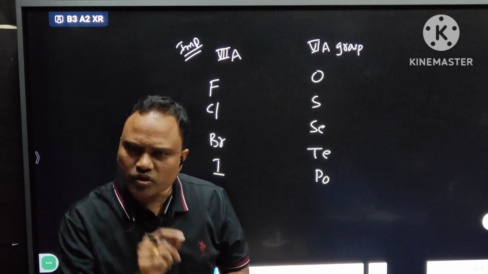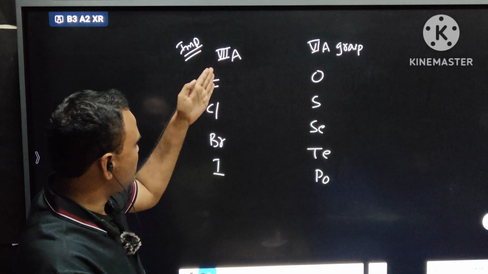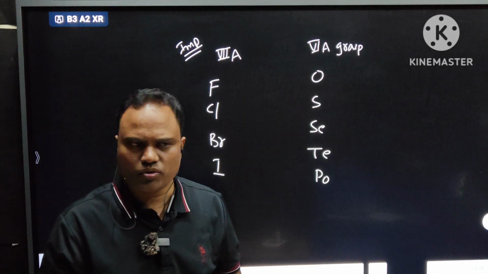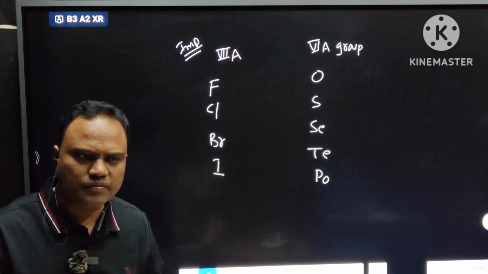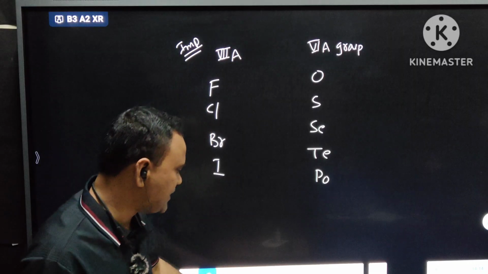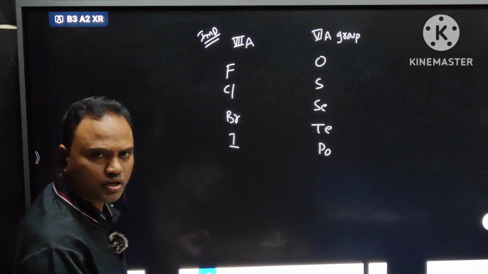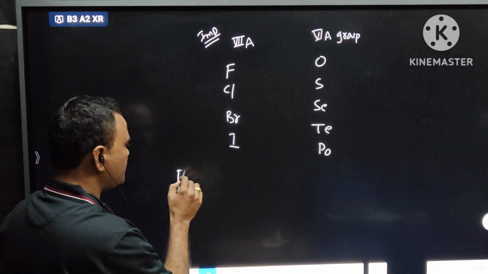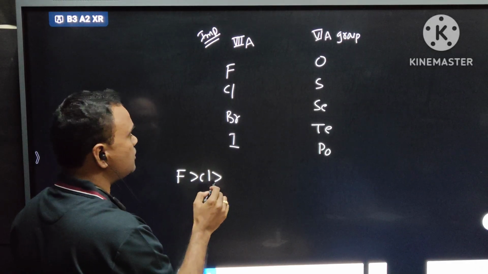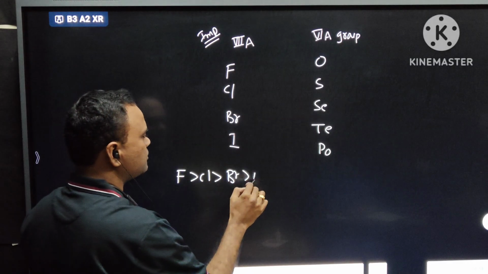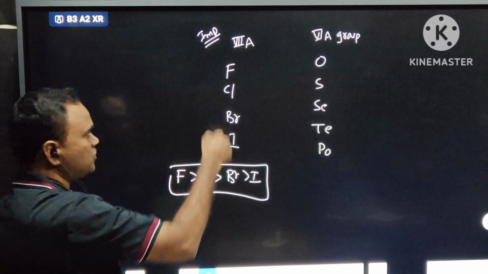Why? Fluorine size is small. As we move down the group, size increases. Fluorine size is small, so fluorine electron affinity will be more. So what is the expected electron affinity order? Expected electron affinity order: fluorine greater than chlorine greater than bromine greater than iodine.